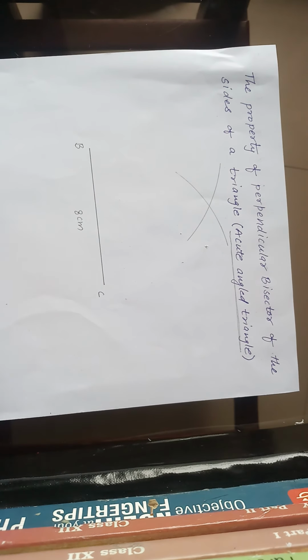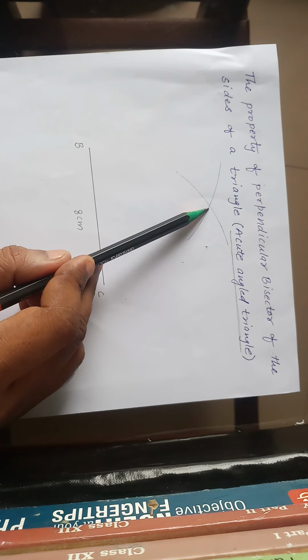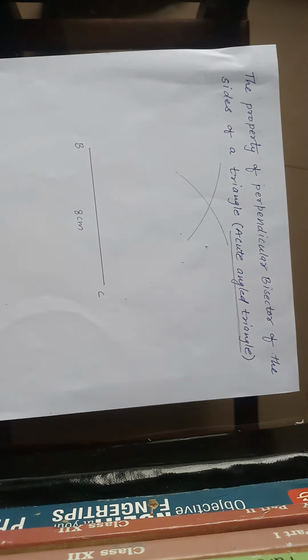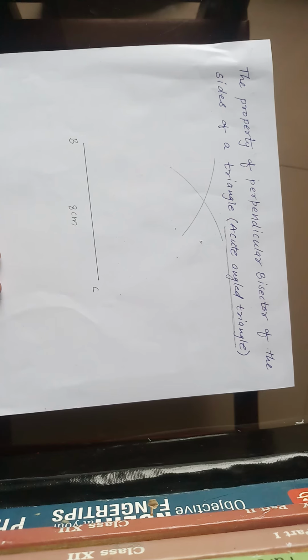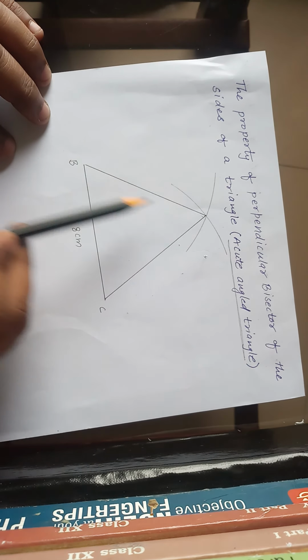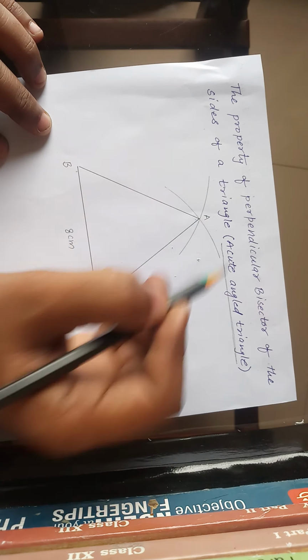Connect point B and C with the point of intersection of arcs. After connecting, you name this point as point A.